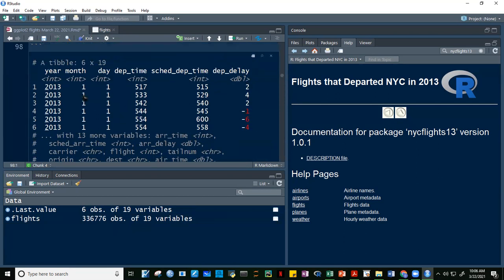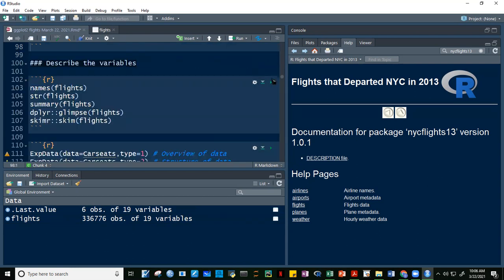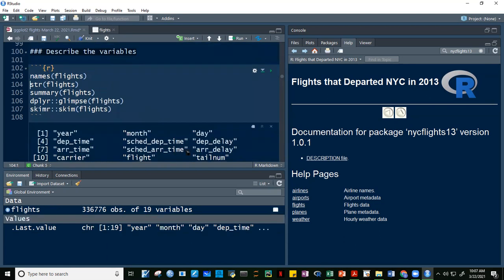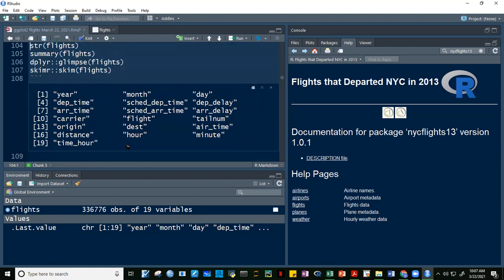So 13 more, meaning 6 plus 13, 19 variables all in all. Okay. So let's get the names of the variables. Names. So these are the names of the variables in the flights data frame.